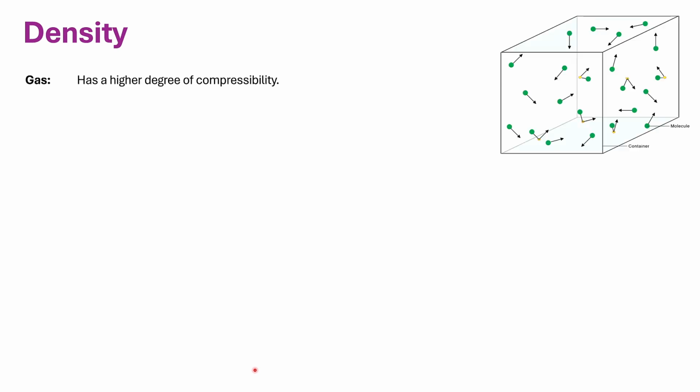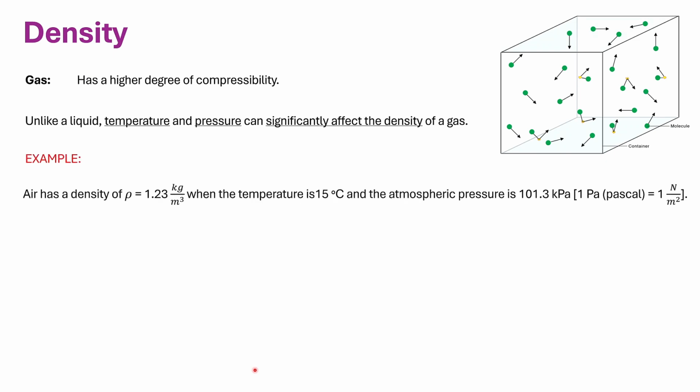All right. Let's see how gases work when temperature and pressure change. Gas has a higher degree of compressibility, unlike liquids. So unlike a liquid, temperature and pressure can significantly affect the density of a gas.